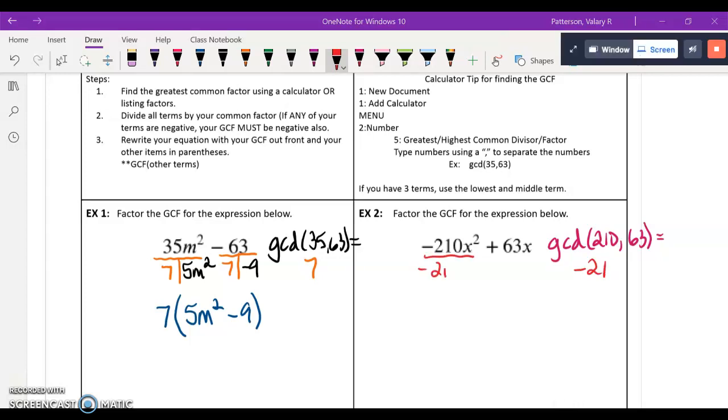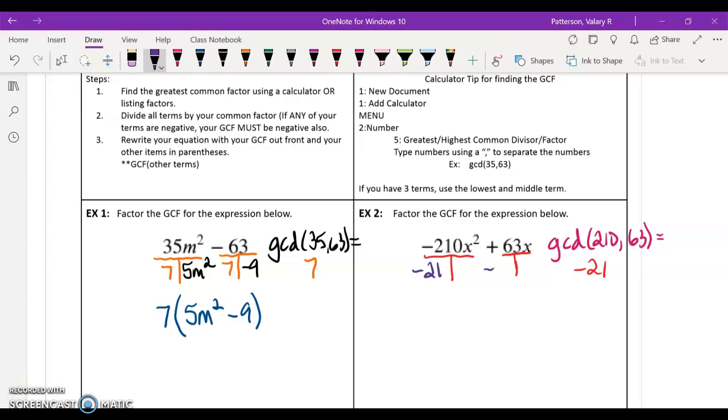But what else do we have in these two terms that our previous terms didn't have? Well, we can look at it this way. We've got negative 21, negative 21. Look at this. x squared is basically just x and x, right? And then I have an x here.